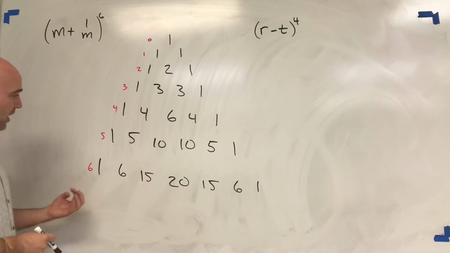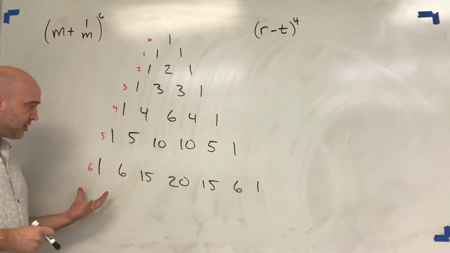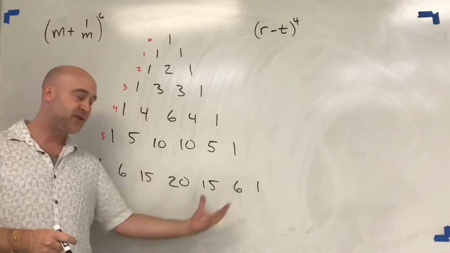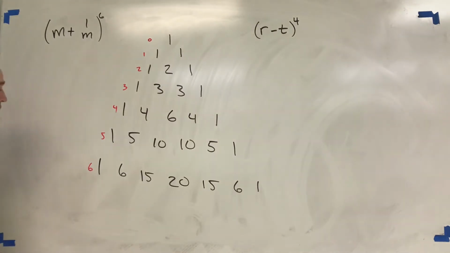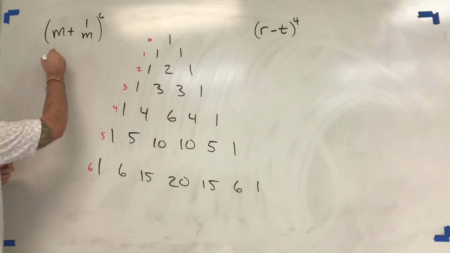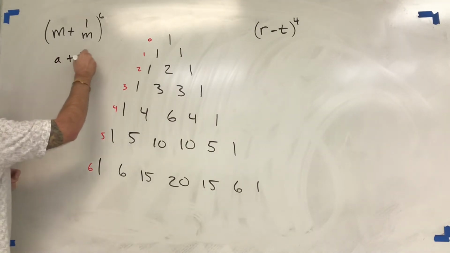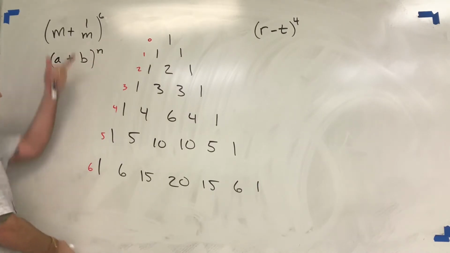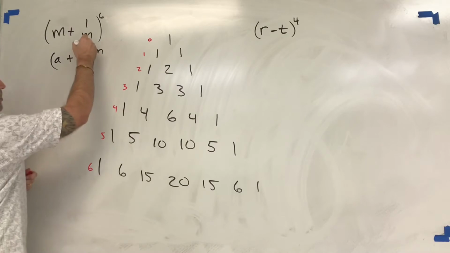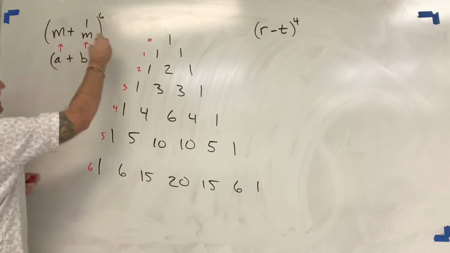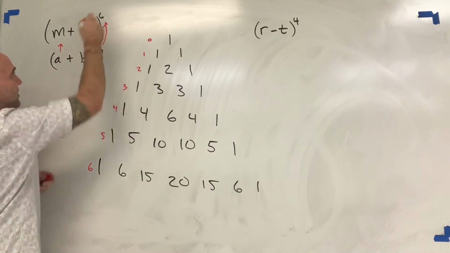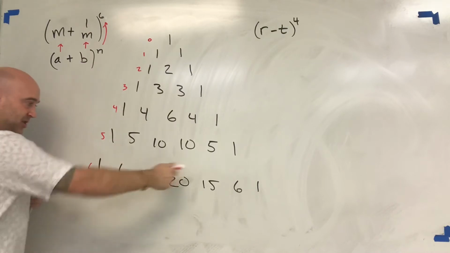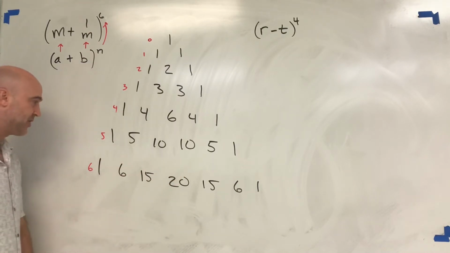For me, I like building it off of these coefficients. The form is a plus b to the n. I always like writing it underneath so we can see what a is, what b is, and there's our n, which matches the 6th row of Pascal's triangle.